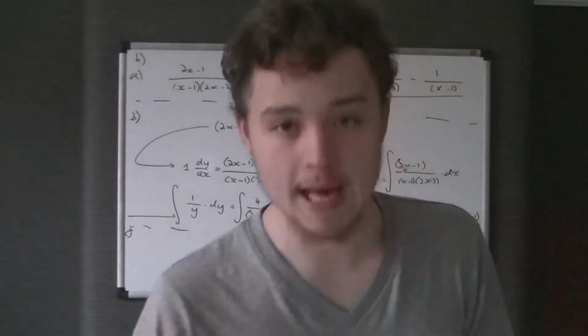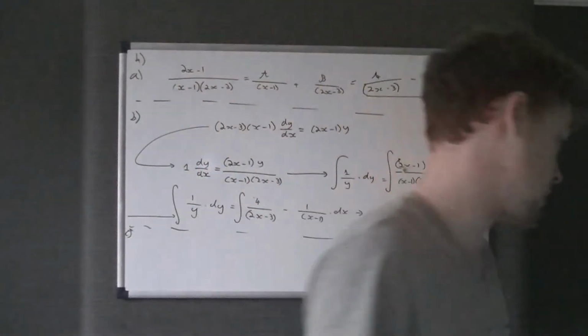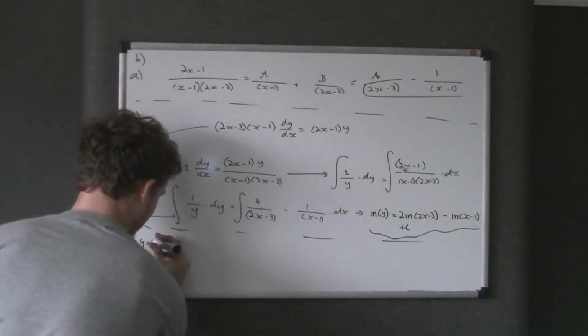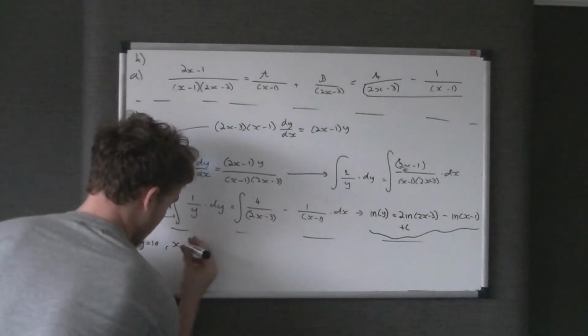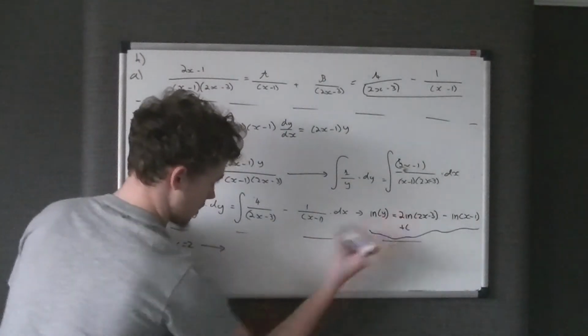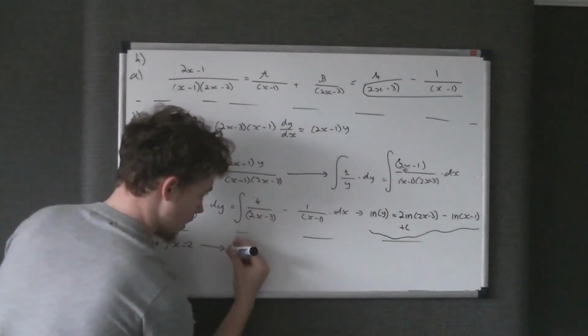Okay, so the boundary conditions, or what we're told to help us to work out c, is that when y is equal to 10, x is equal to 2. So it's just a case of subbing these values into our general solution.